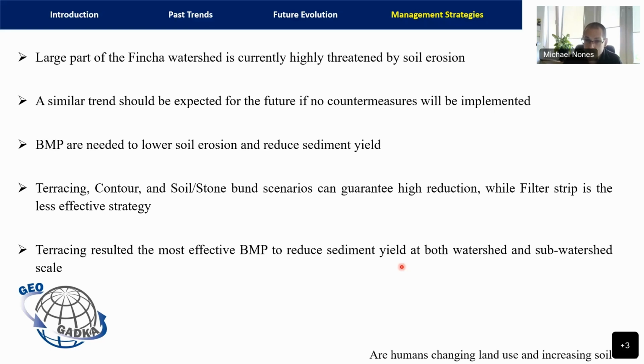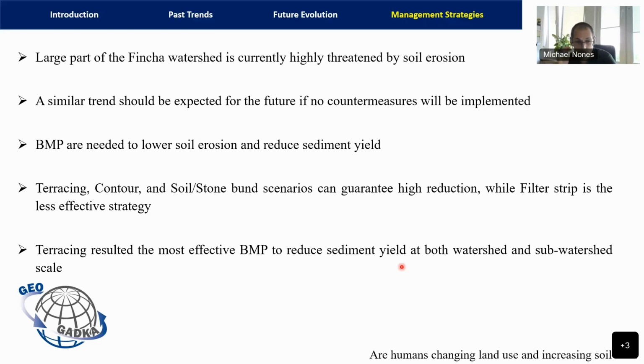In this case, countermeasures consider both physical ones, so implementing management strategies, but also political changes in the overall management of the basin. The use of management practices to reduce soil erosion is evident.